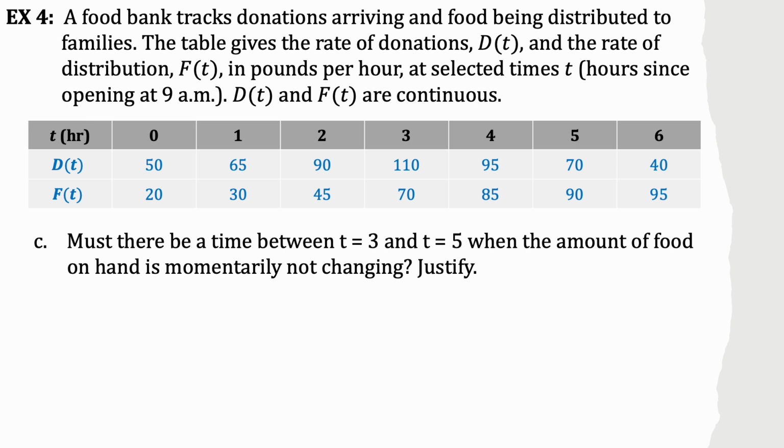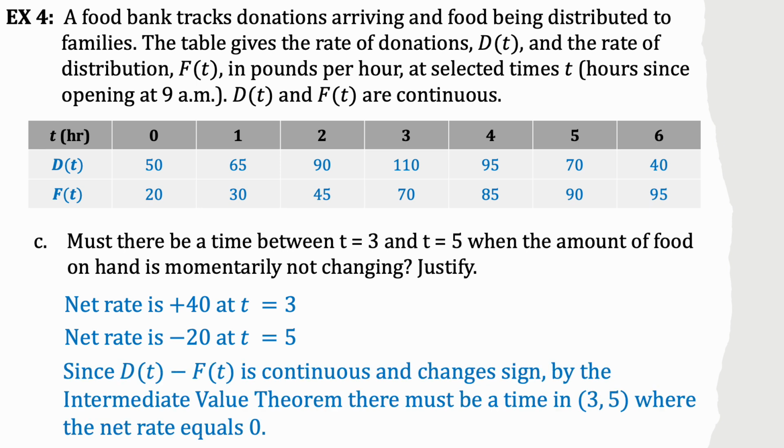Part C, must there be a time between time 3 and time 5 when the amount of food on hand is momentarily not changing? Justify. Now they've kind of set you up for this answer, because we know that the net rate of change is plus 40 at time T equals 3, and the net rate of change is minus 20 at time T equals 5.